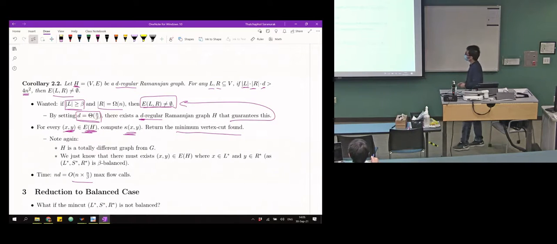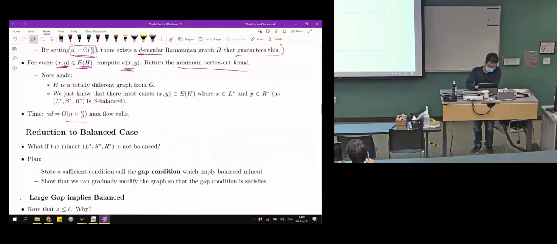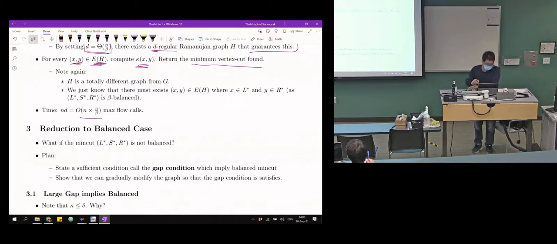So what if the min cut is not balanced? We have no way to guarantee that the min cut must be balanced, right? So here's a plan. We will state some sufficient condition called a gap condition.